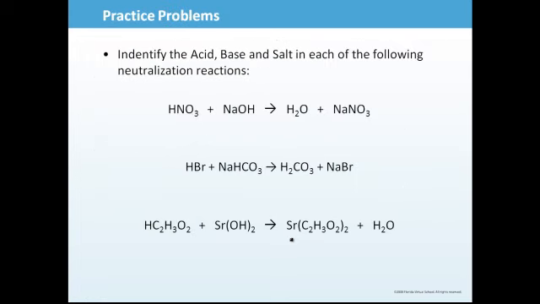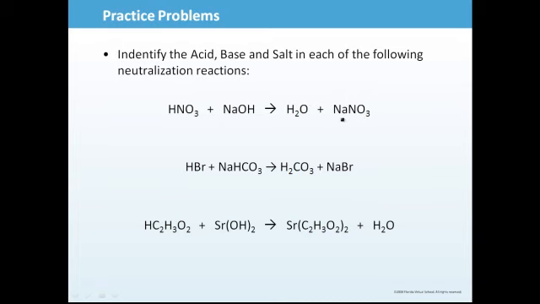Okay, so now let's look at these examples here and try to identify the acid, base, and the salts that are being produced. Okay, in the first one, again, we're looking for who's donating and who's accepting. So we want to compare what we start with, the reactants, with the products that we end up with. So on this first one, we see we've got HNO3. Over here on the right side, we have NaNO3.